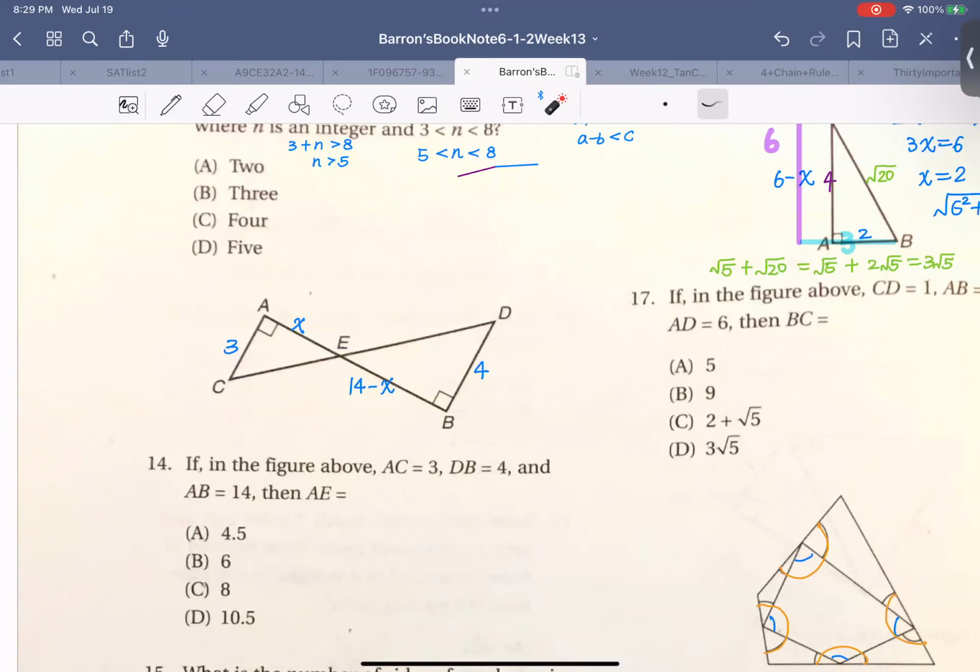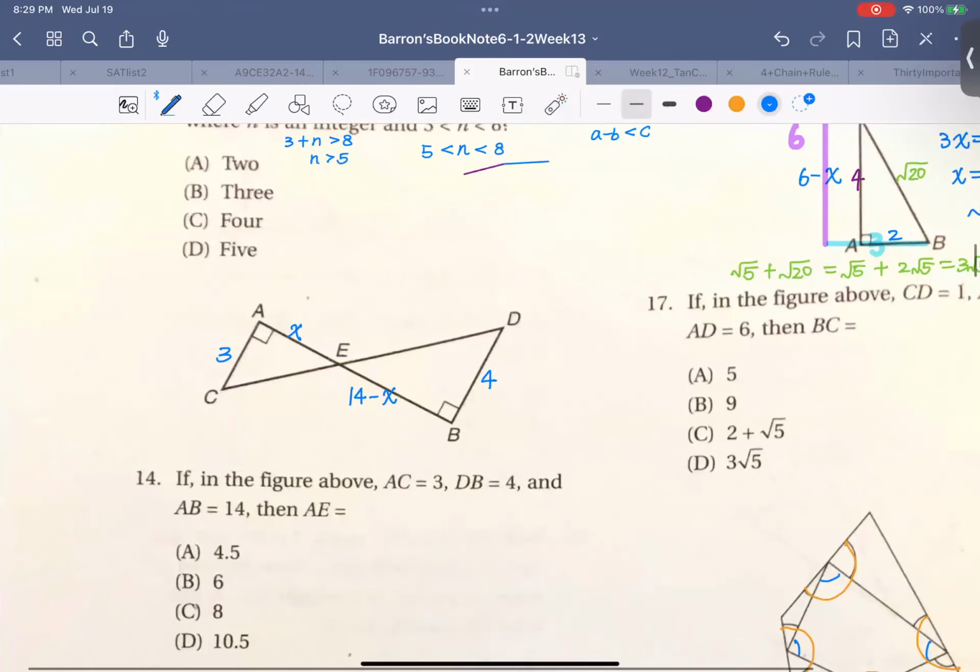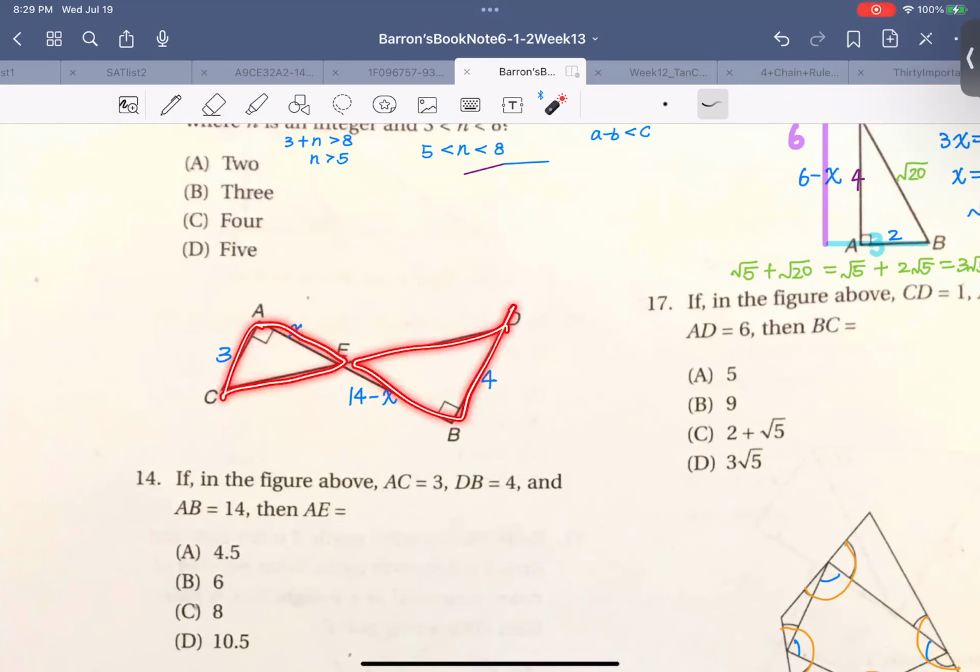Steven, tell me how you did this one. I don't really get how to do it. Do the proportion. These two triangles are similar, just like this one is a small version of this. So you do this piece over this piece equals this piece over this piece. That's it. Say x divided by who?